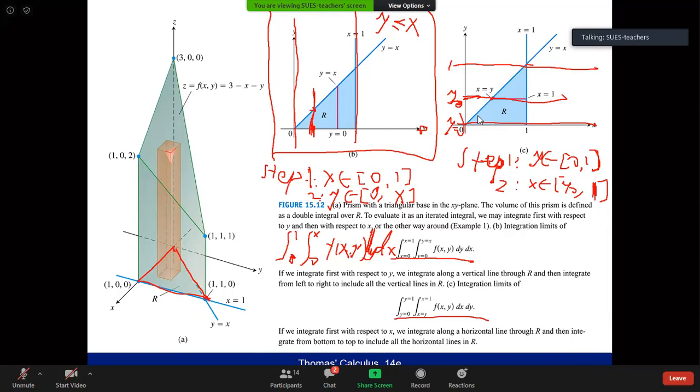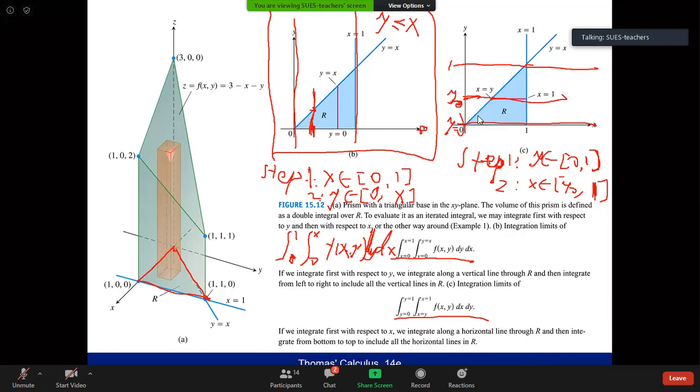Did you see here? This is actually very important. When you exchange the integral order, you also have to change the upper limits and the lower limits of the integral. This is pretty important. Sometimes the question is such that integrating on x first is much easier than integrating on y first.